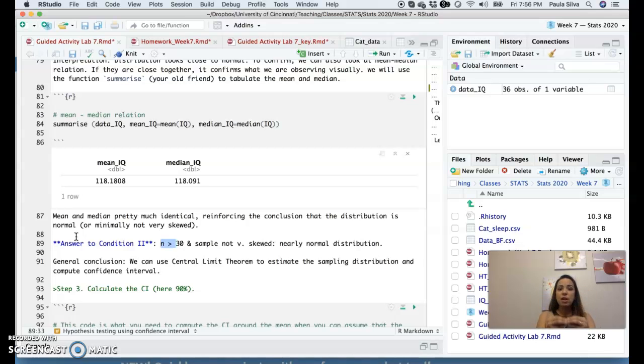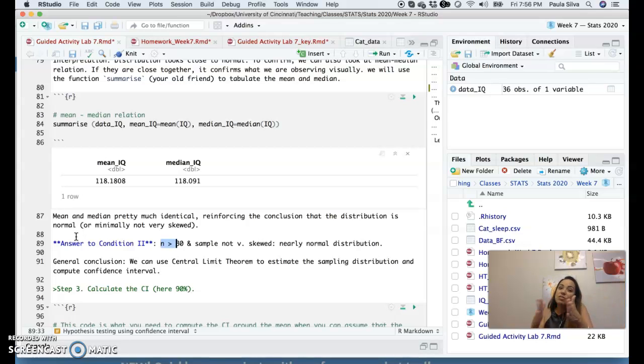So just remember that the central limit theorem tells us that the sampling distribution of the mean is normal, so we have a shape that we can apply the 68, 95, 99.7% rule to. The mean of the sampling distribution equals the mean of the population, which we can estimate with the mean of our sample.